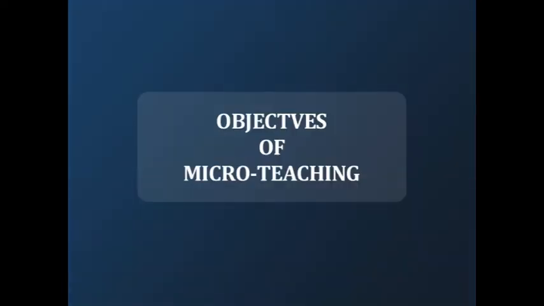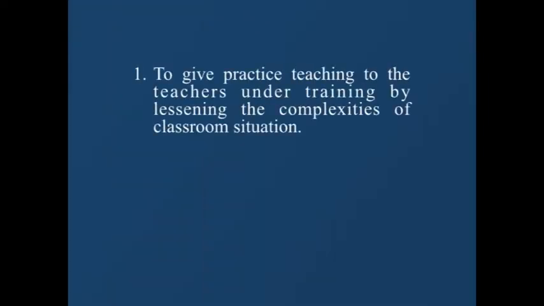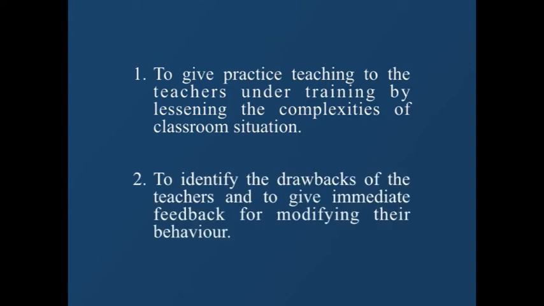Objectives of micro-teaching. The objectives of micro-teaching are number 1, to give practice teaching to the teachers and trainees by lessening the complexities of classroom situations. Number 2, to identify the drawbacks of the teachers and to give immediate feedback for modifying their behavior.